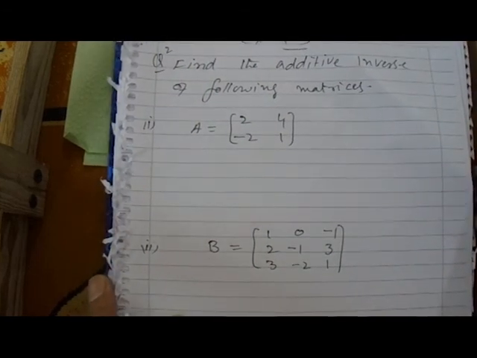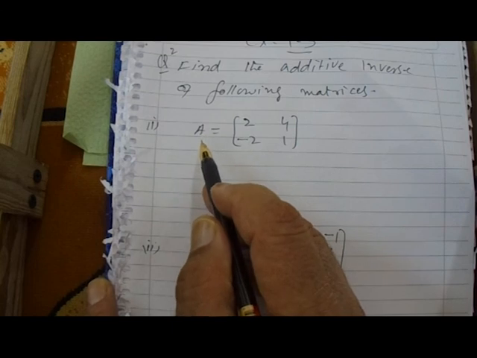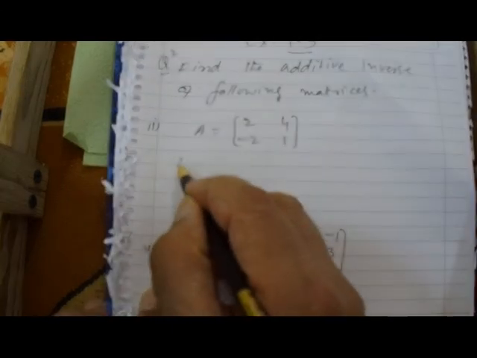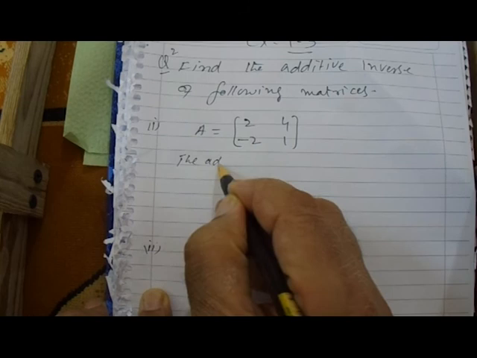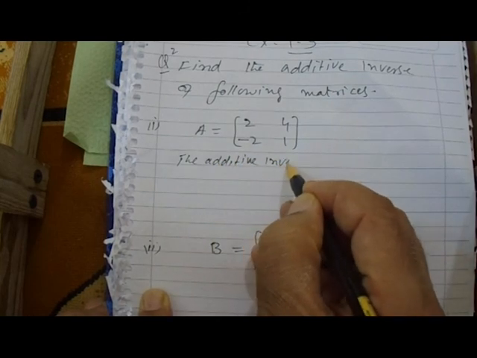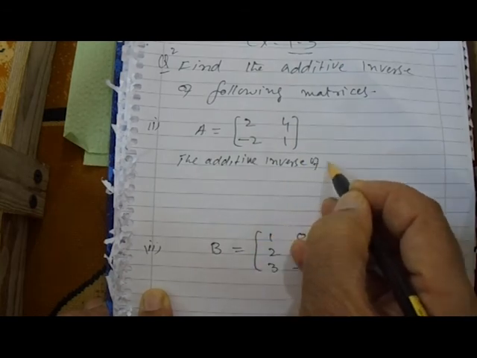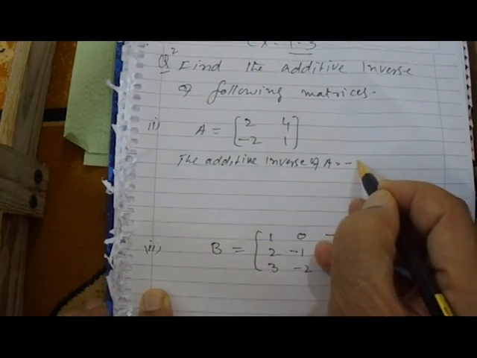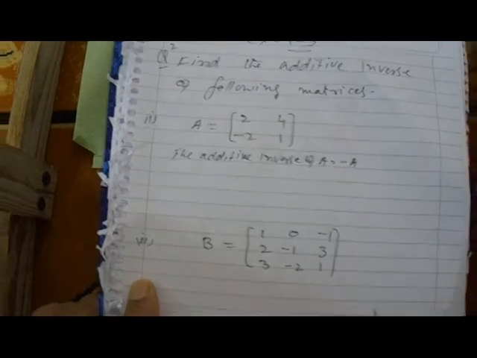Let's suppose this is our A matrix, and we write the additive inverse of A is equal to minus A.